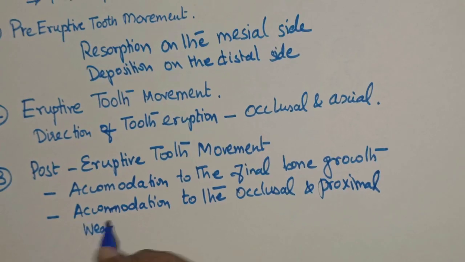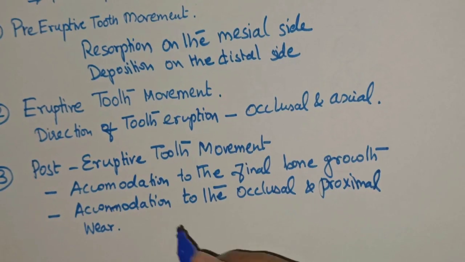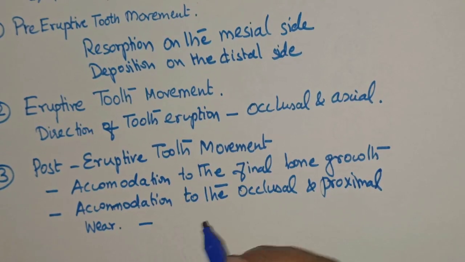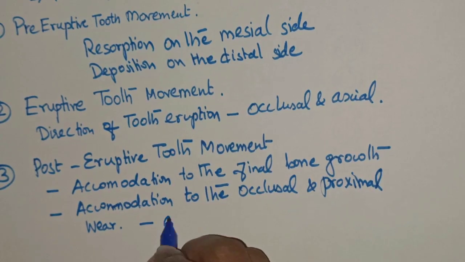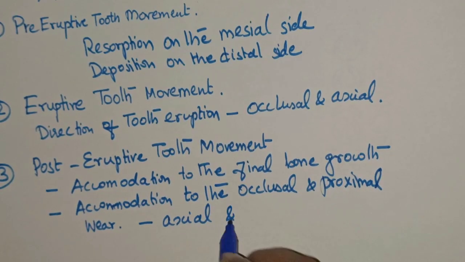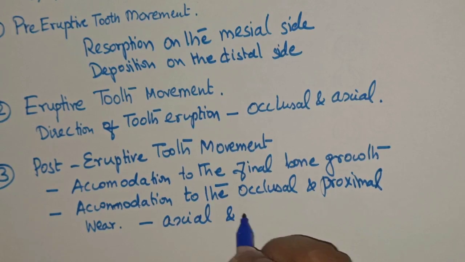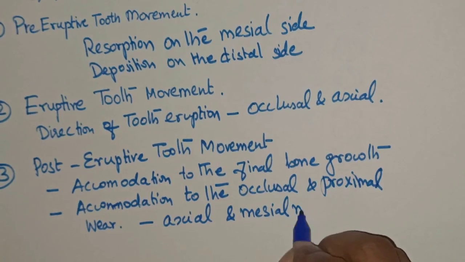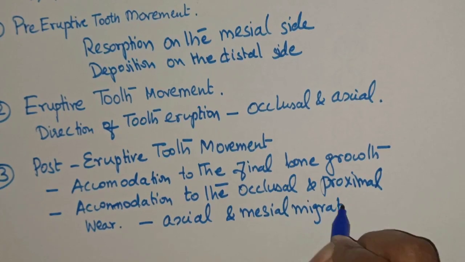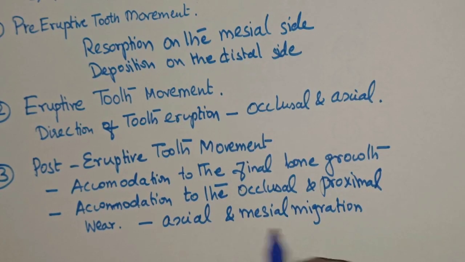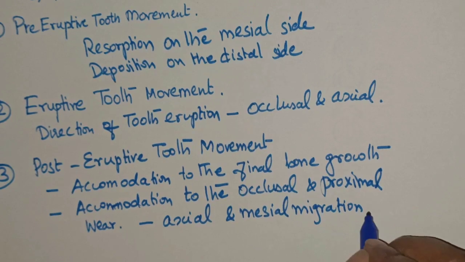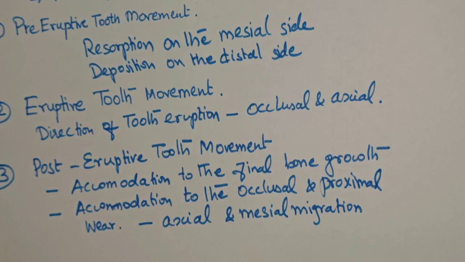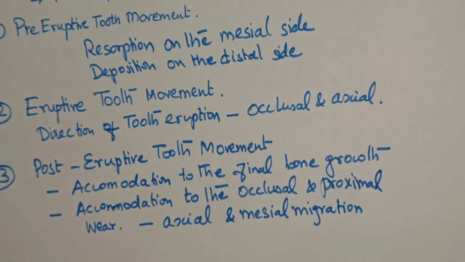Okay, that is by axial and mesial direction or migration. Axial and mesial migration of tooth, to accommodate the occlusal and proximal wear.